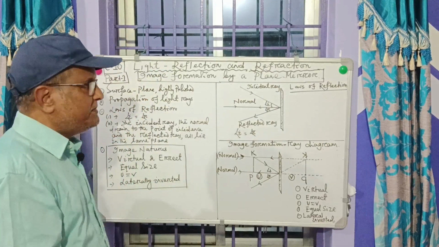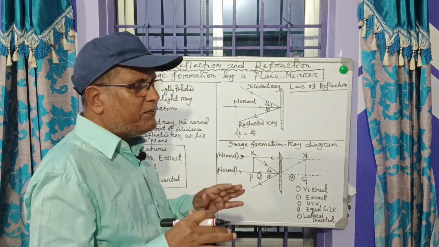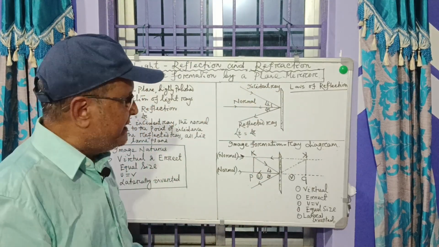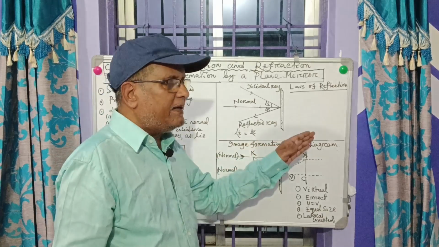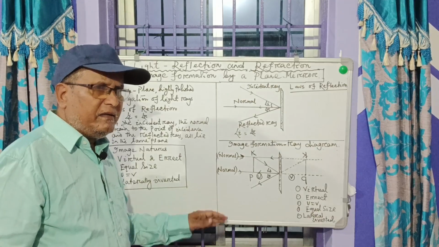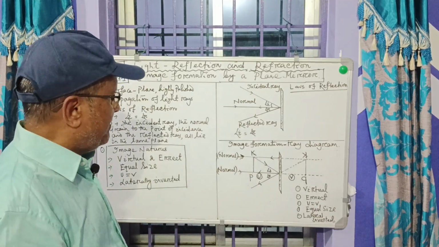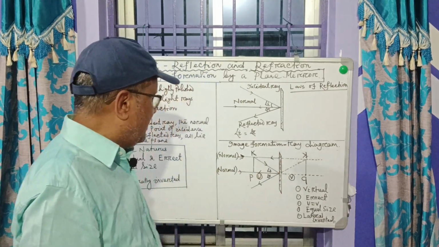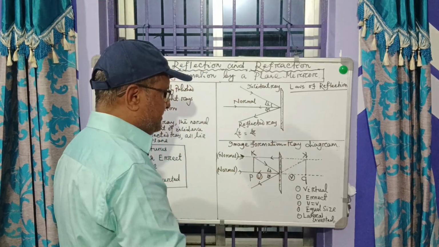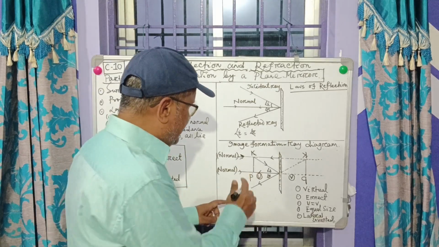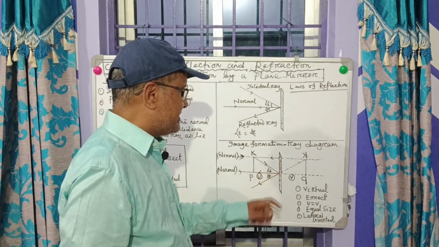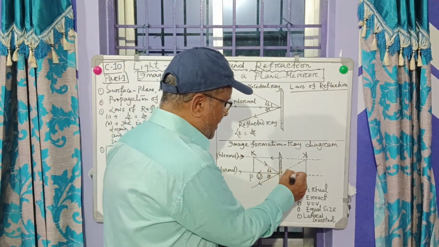Now, our question: how is an image formed by a plane mirror? Let's explain through a ray diagram. We have drawn a ray diagram to explain the image formation by a plane mirror. Here is the plane mirror, and this is the normal down to the point of incidence, and this is the actual path.